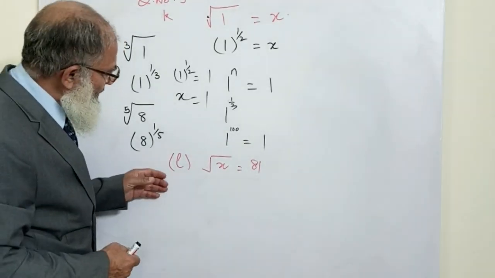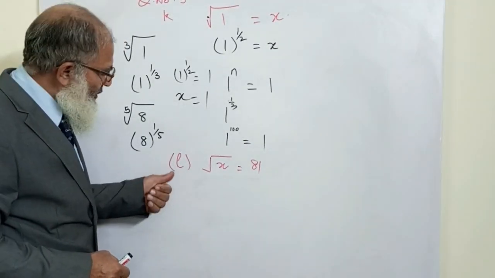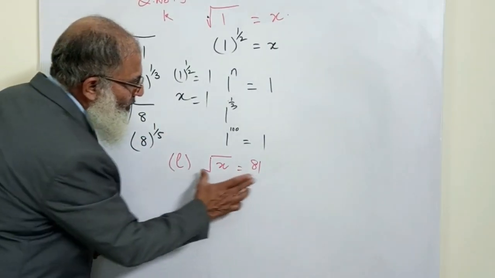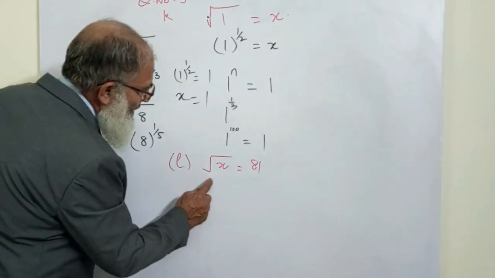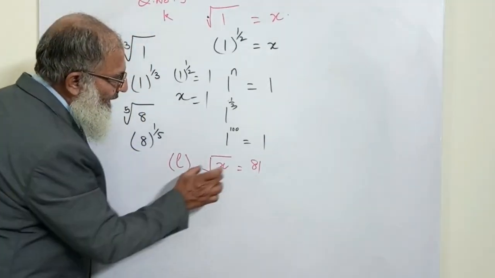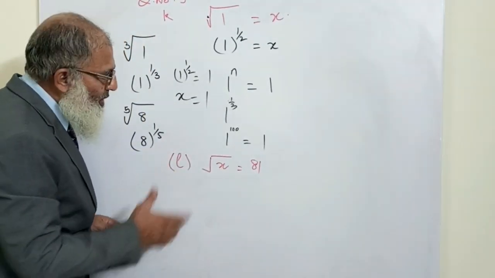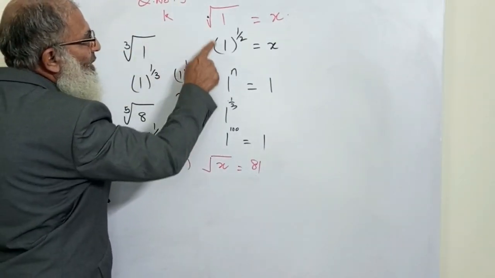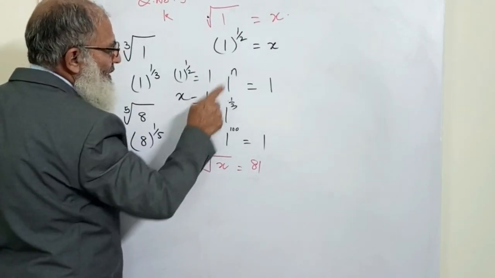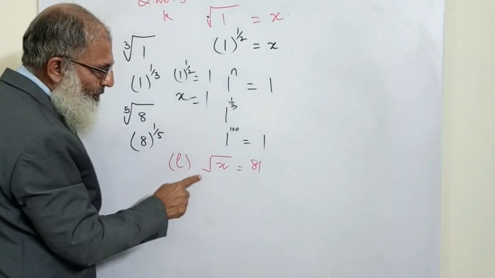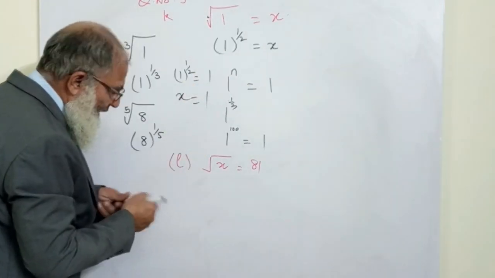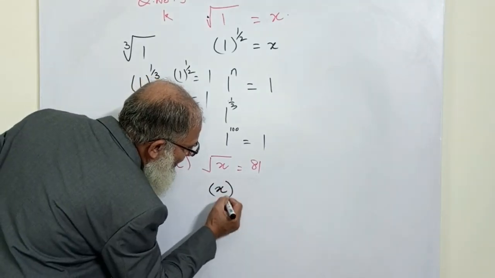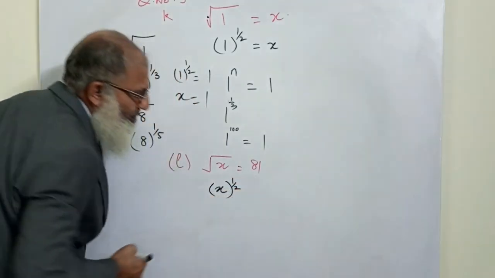So dear students, let me take question number 3 part L. So what does it mean? Under root x is equal to 81, and I have to find the x over here. So as I told you in my previous part, when this is under root, we write it like this: x raised to power half.